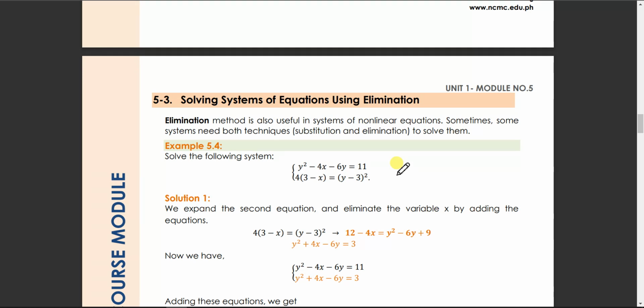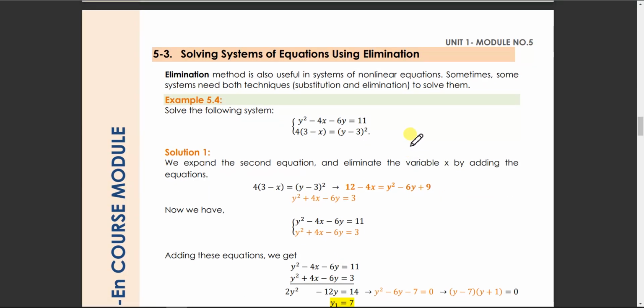So, for the elimination method is also useful in system of non-linear equations, and sometimes some systems need both the techniques, which are the substitution and the elimination to solve them.